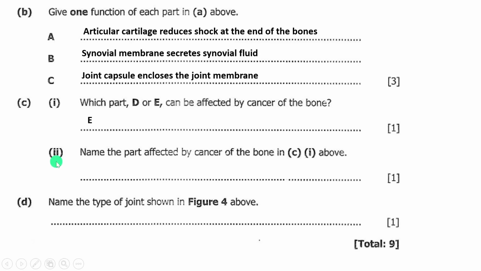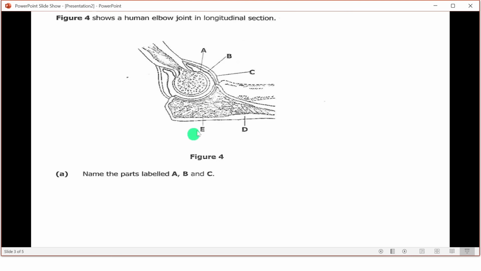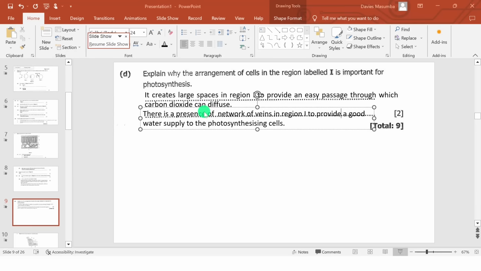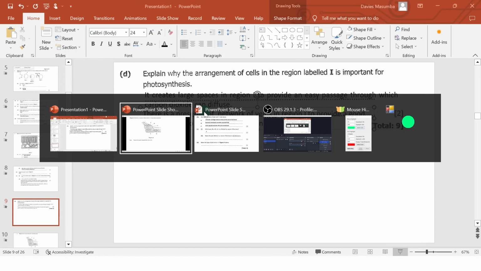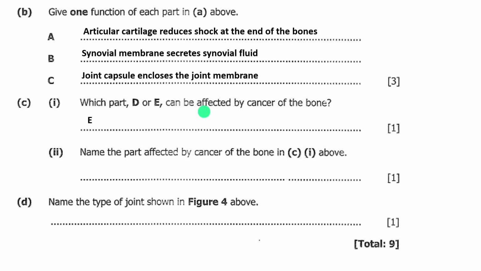Then part 2 says name the part affected by cancer of the bone in part 1 above. So when we look at this figure here, this part here, which is E, what part is this called? So here you need to understand that this is actually bone marrow.